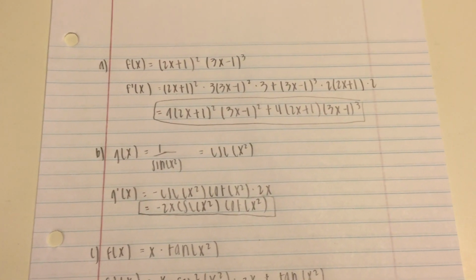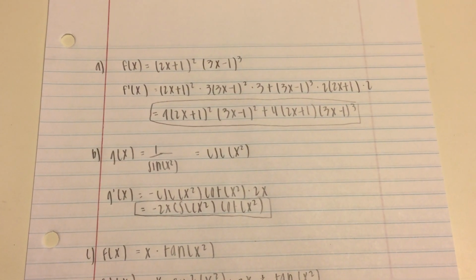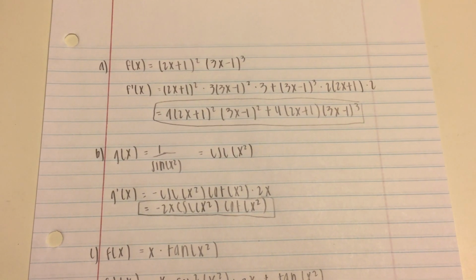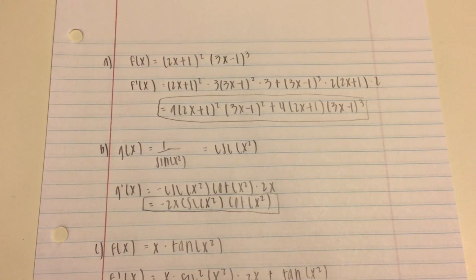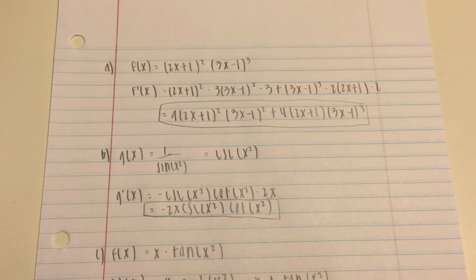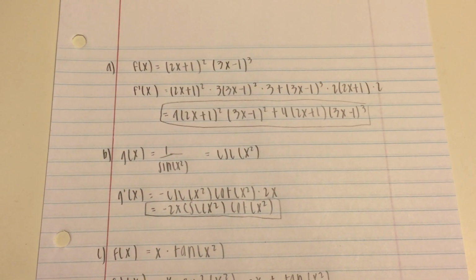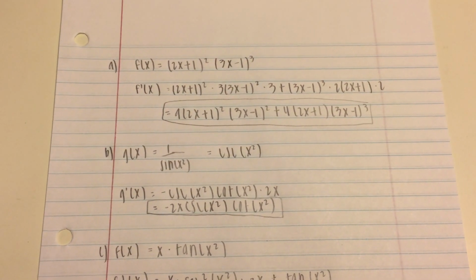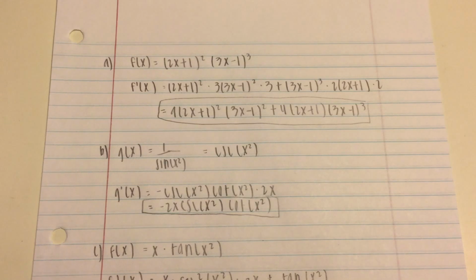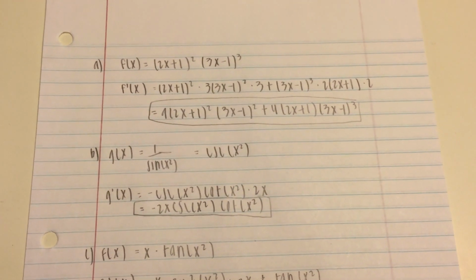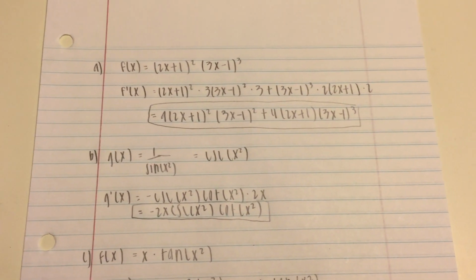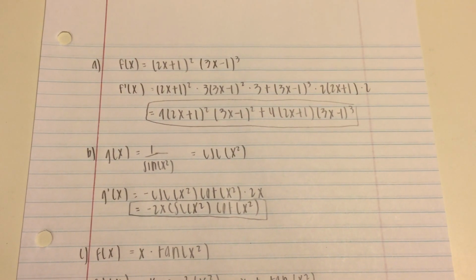Now we add the second, which is (3x minus 1) to the third power, multiplied by the derivative of the first. The derivative of (2x plus 1) squared is 2 times (2x plus 1), and there is another function within a function, so we use the chain rule.